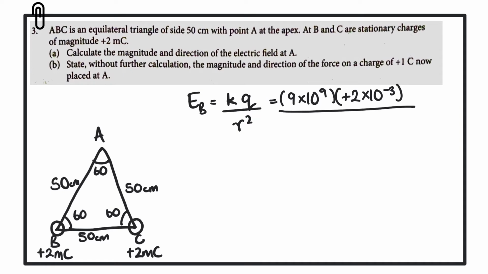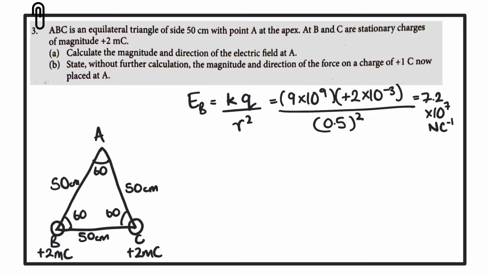How far is this point A from the charge? And that is 50 centimeters or 0.5 meters, and it's squared, which gives us 7.2 by 10 to the power of 7, and that is newtons per coulomb.